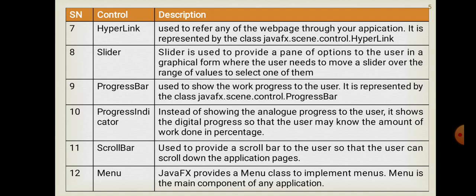And progress indicator, so instead of showing an analog progress to the user, we can show it in a digital form. For that you can use progress indicator. And we have scroll bar, which is used to move your application back and forth. And menu, the menu class is used to create menus for a particular application.